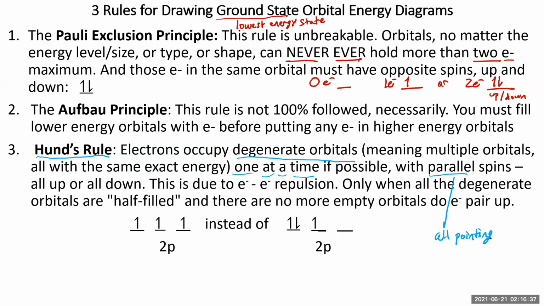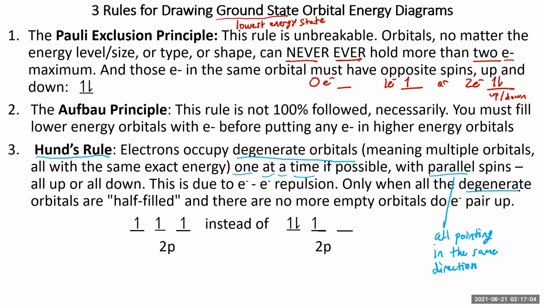When they are in separate orbitals, the electrons point in the same direction. When they're in the same orbital, they must point in opposite directions. But when they're in different orbitals, they all point in the same direction, either all up or all down. It doesn't really matter which one you start with, although by convention, you start with all up first.